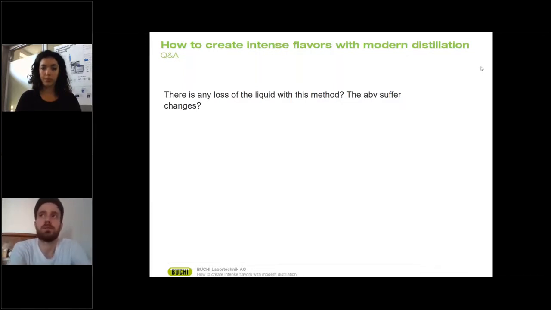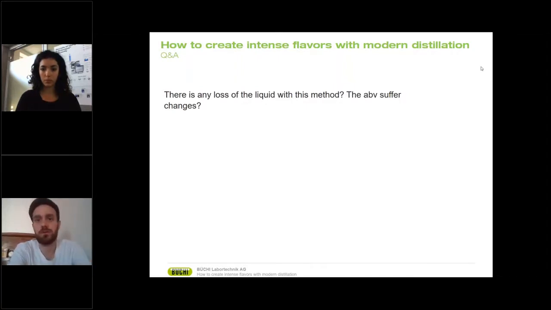But as in life, everything is a compromise. So what I was explaining is that we fix the settings based on the speed of execution and the aromatic profile that we achieve in the end. The loss is always very little, about 1%, maximum 2%, which is usually less than 50 ml.